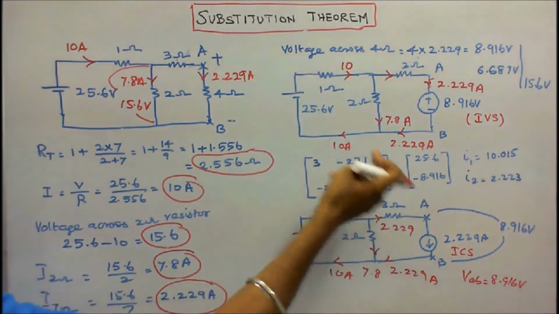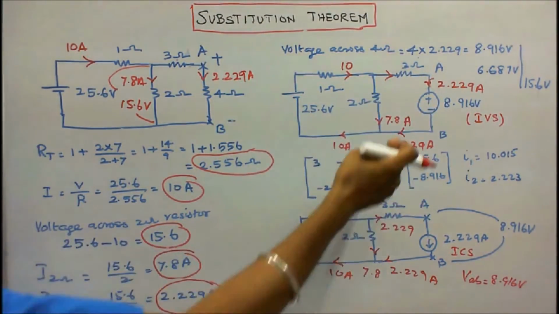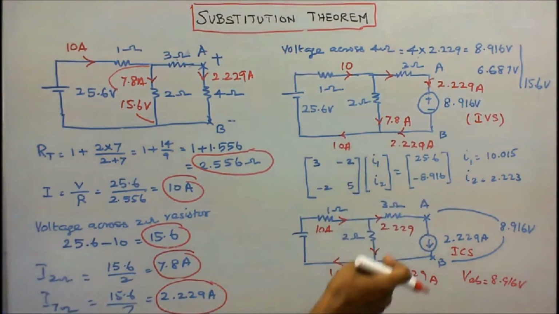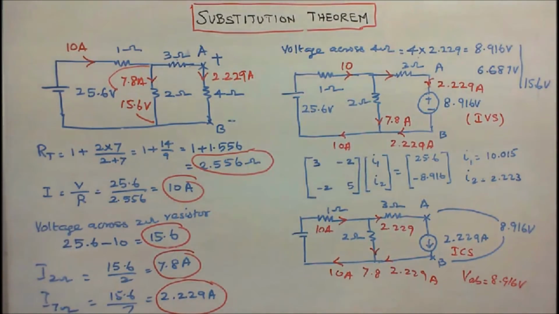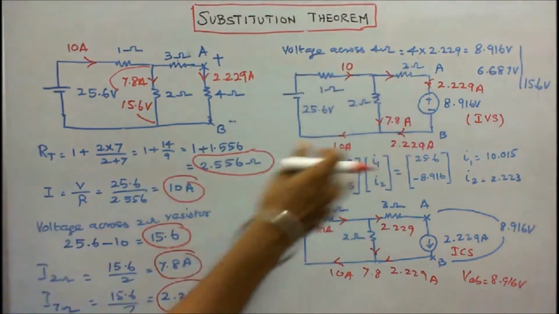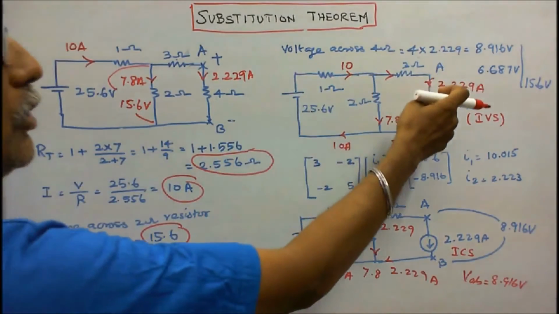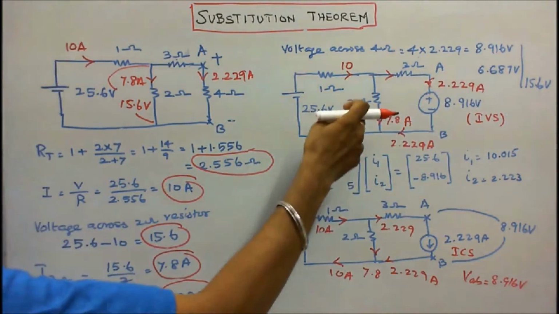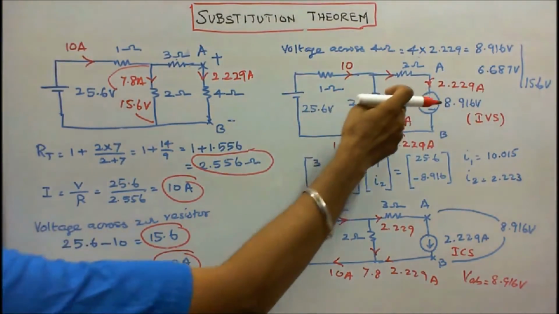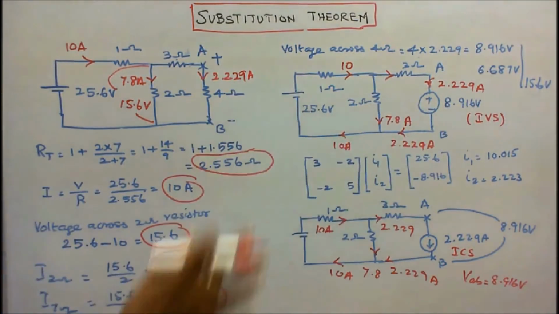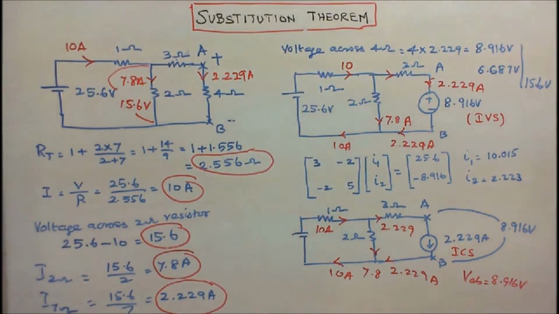I1, I2 equal to 25.6 and minus 8.916. I1 is equal to 10.015, I2 is equal to 2.223, almost the current is equal. This is 10 amps, this is 2.229, this current is 7.8; 7.8 plus 2.229 is equal to 10 amps. Kirchhoff's current law is verified.